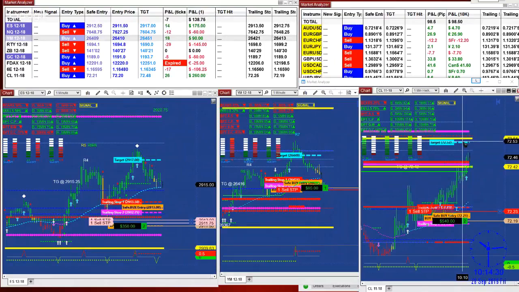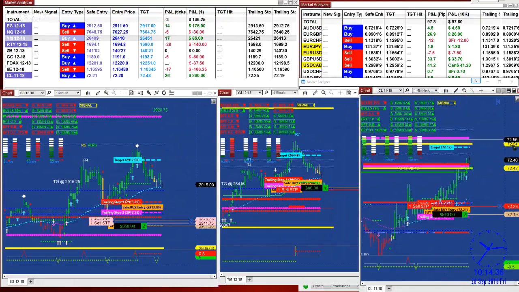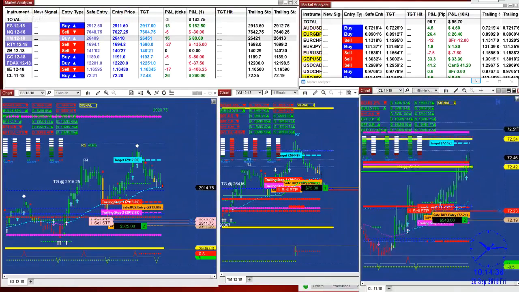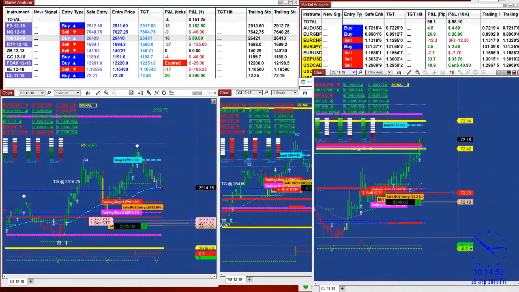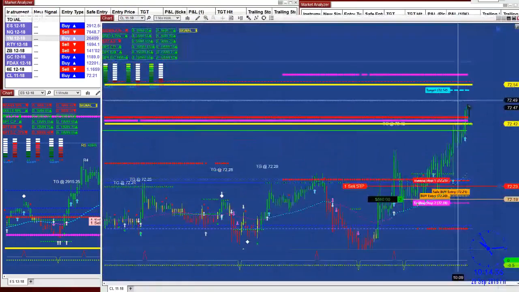The target is 72.52, followed by a resistance, another resistance, another resistance, and now we are diving in those two yellow lines. For the ones who are following us, on those two yellow lines, it means there are no more trades to the long side. It's screaming, telling us there is no more trade on the CL.